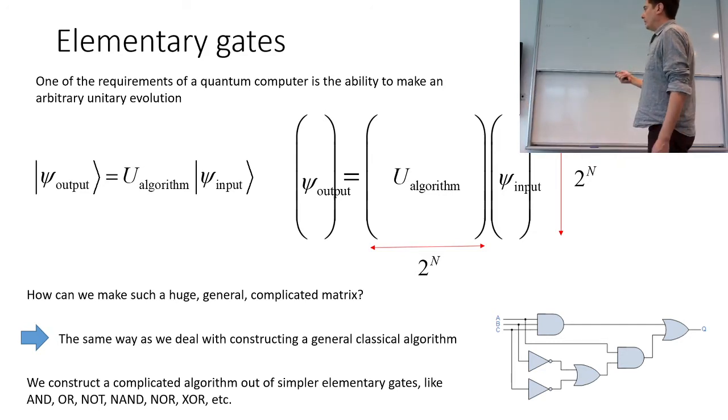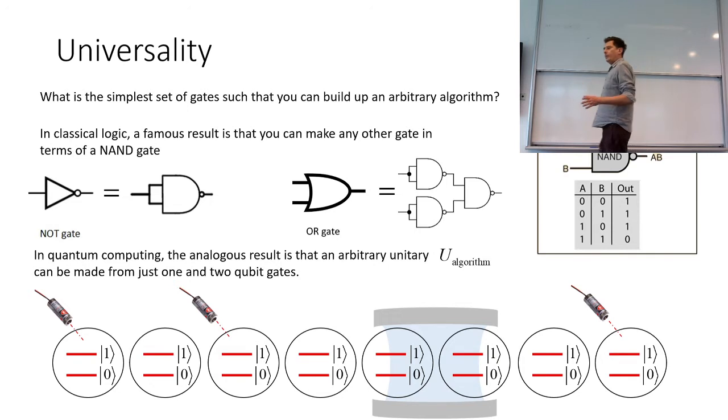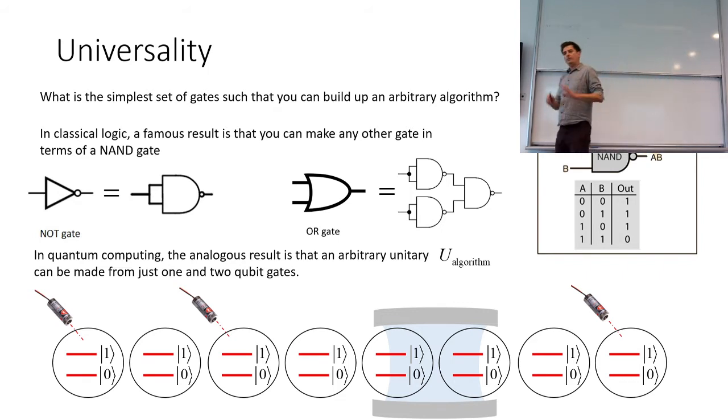So it's kind of a famous result of quantum computing. That's why we're going to only really talk about 1 and 2 qubit gates, because basically we're relying on the result that we can combine those and make anything more complicated.